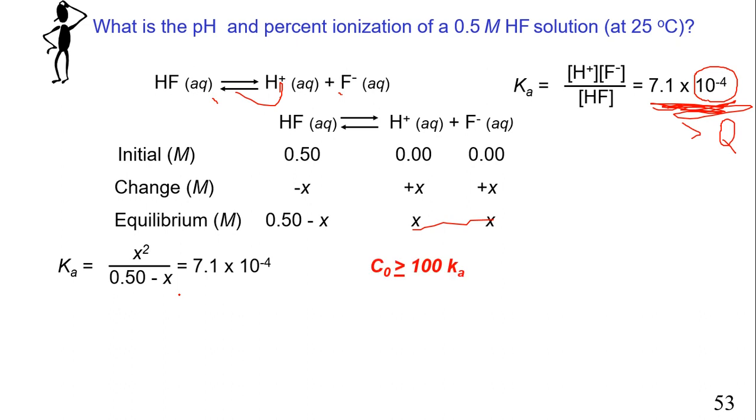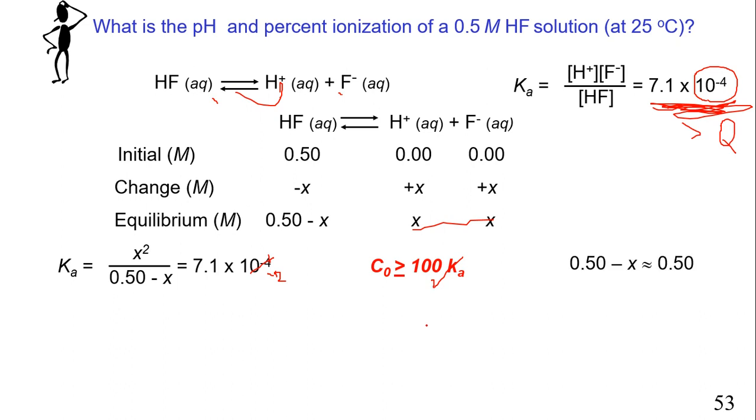Of course, if C0 is 100 times greater than Ka, so let's test this. If I multiply by 100, this becomes 10 to the minus 2. So that's gone. This becomes 10 to the minus 2. And this number, 0.5, is still bigger than 0.007. So this is okay. Great. Check mark.